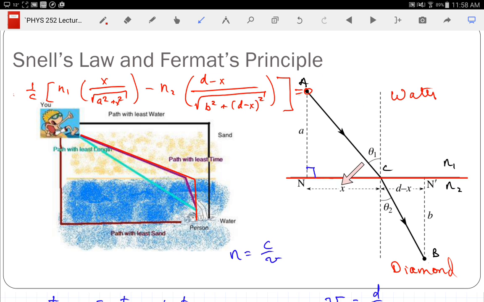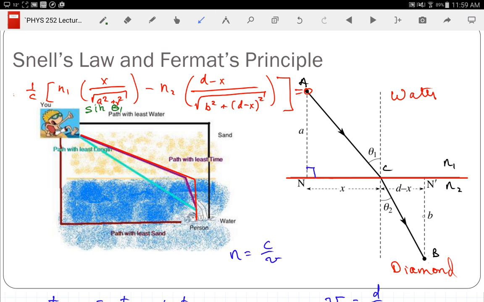So I have this divided by that. That would be the sine of this angle here, right? Which is the same as this angle here. So I can make the substitution that this first term is sine of theta 1.